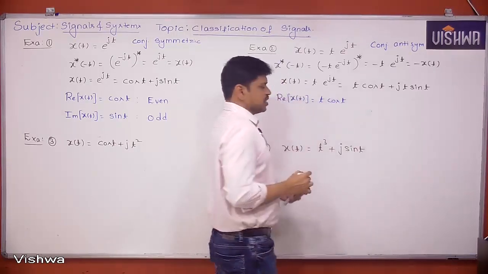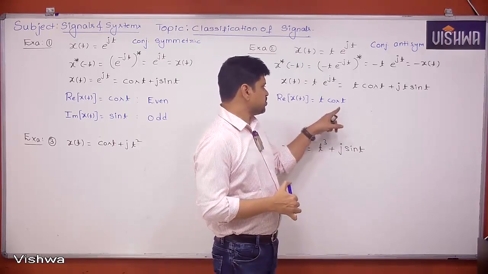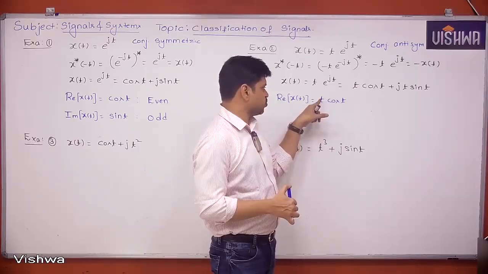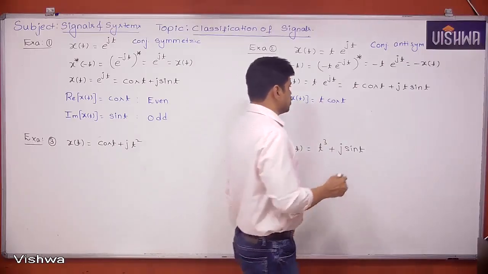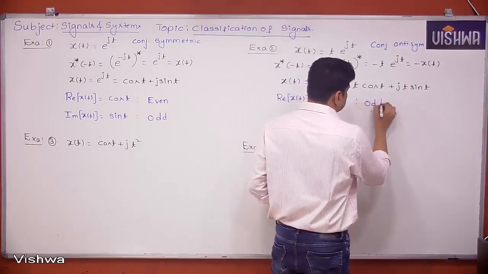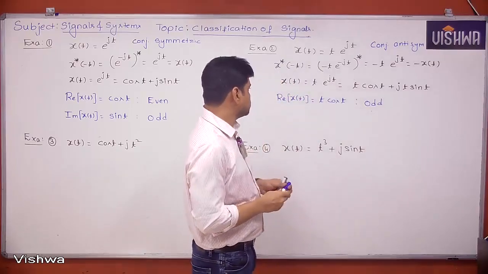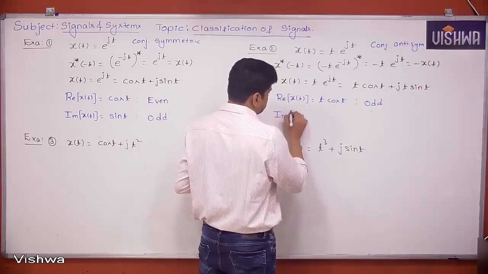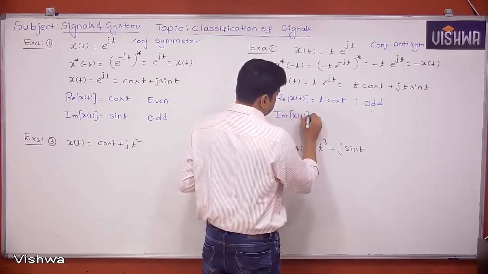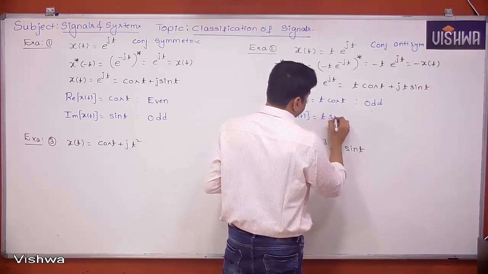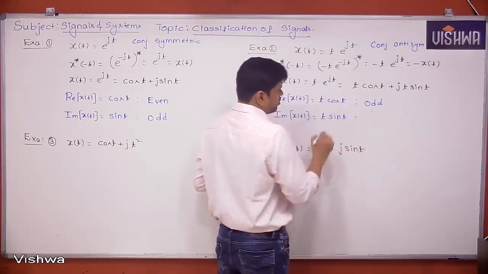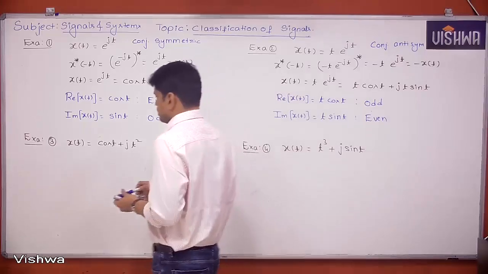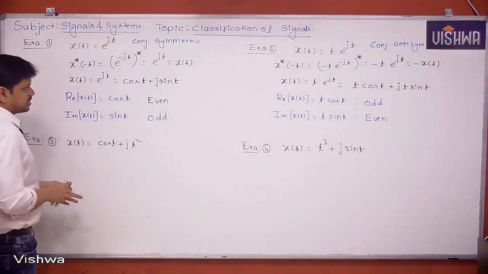You tell me about this function. If t is replaced with minus t, then cos of minus t is cos t, but we are having minus t here. So finally this is going to be odd. Next, what is the imaginary part of x of t? Which is t sin t, odd function multiplied with odd function, which is an even function.